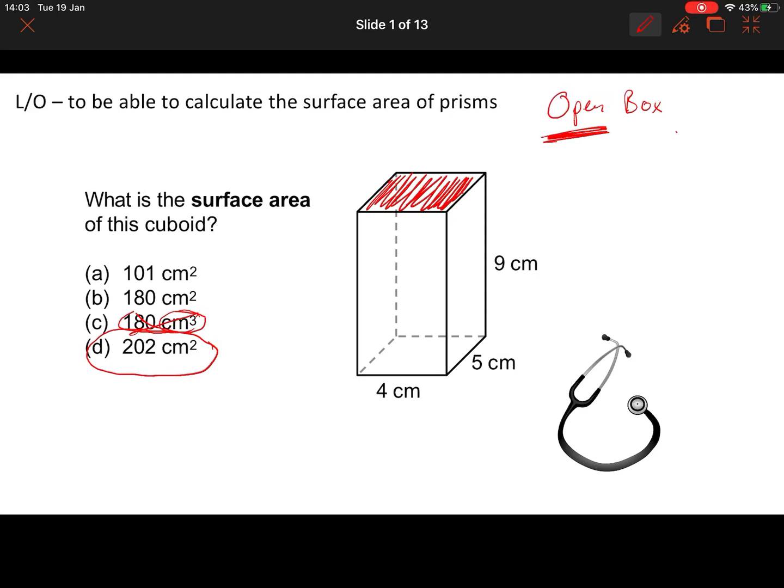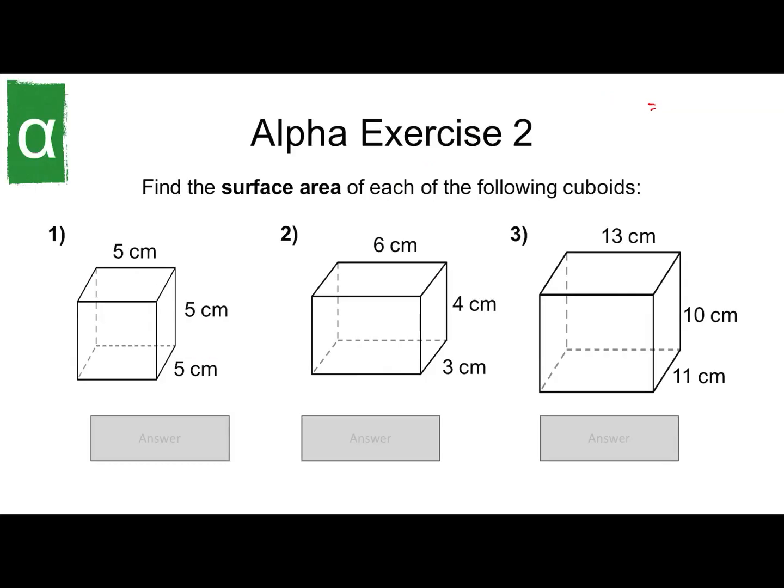So maybe what I would ask you for is the external surface area of an open box. But if that's the case, now you only have 5 faces to worry about. This top one here doesn't exist because it's an open box. So make sure you read the questions carefully and look out for little things like that.